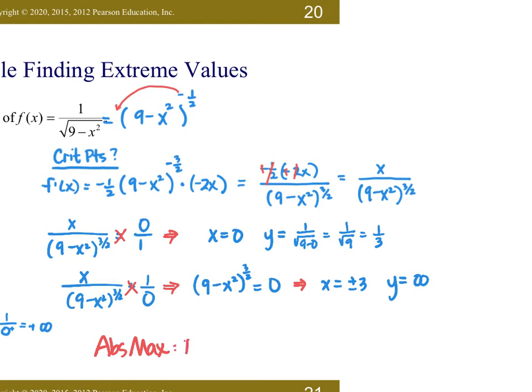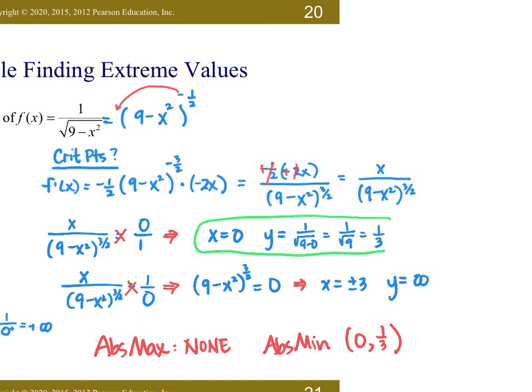So the absolute max is none, because this graph just keeps going up to infinity. But the absolute minimum, I do have a smallest number, and the absolute minimum is 0, 1/3, and that was this value that we got here, being the smallest number that you would have, way lower than infinity.